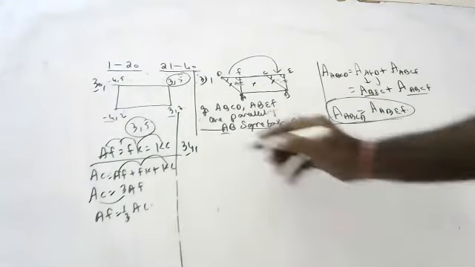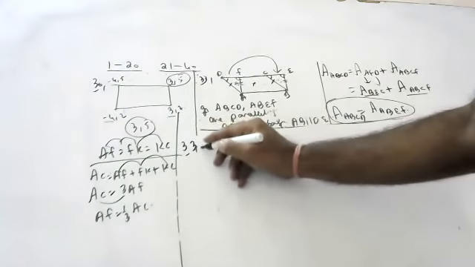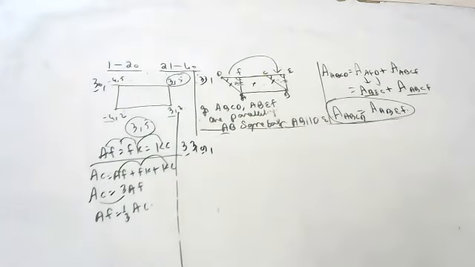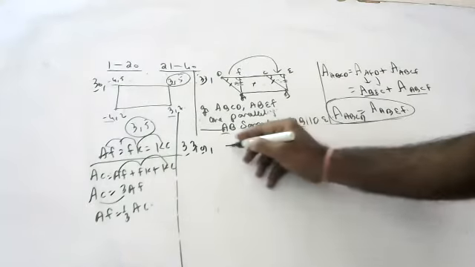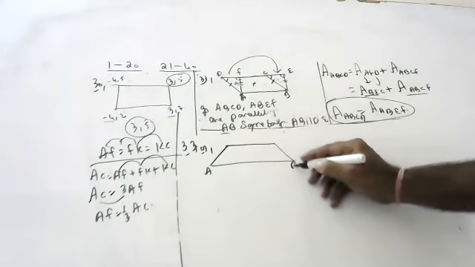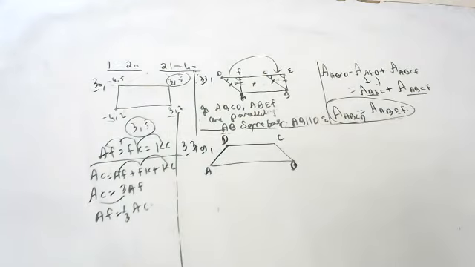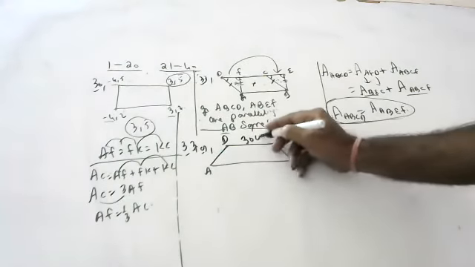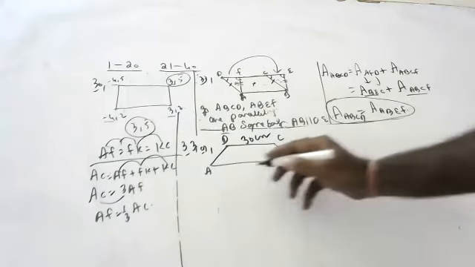Children, question 33, one more question is there. Let's see. ABCD is a trapezium in which AB is parallel to CD. DC is 30 centimeters, AB is 50 centimeters.